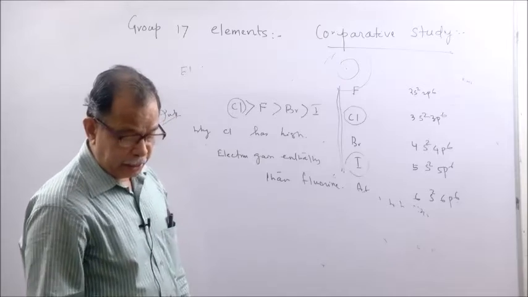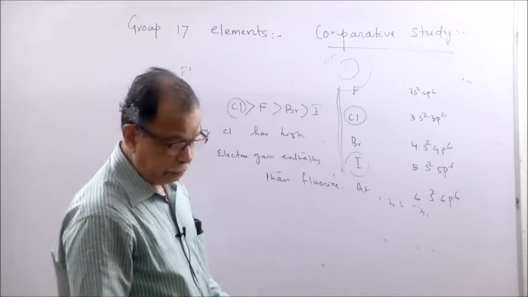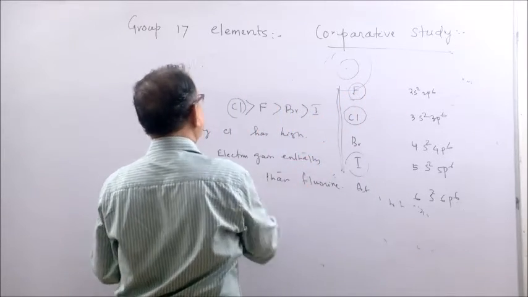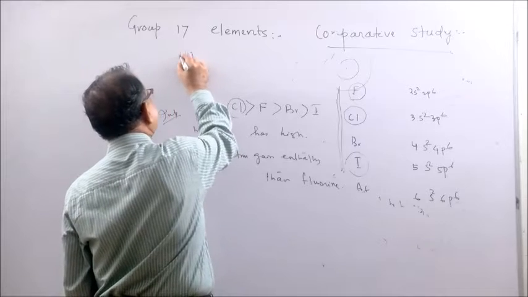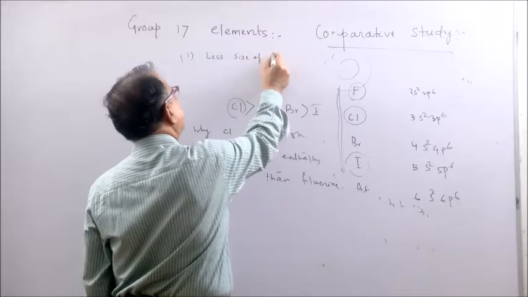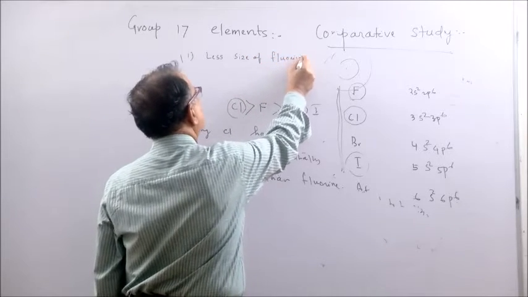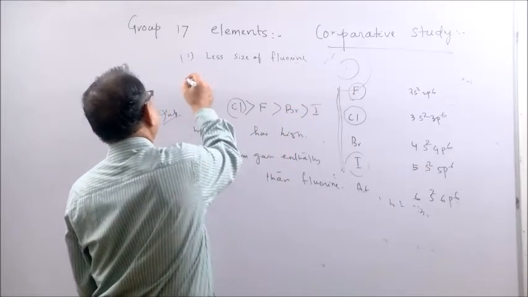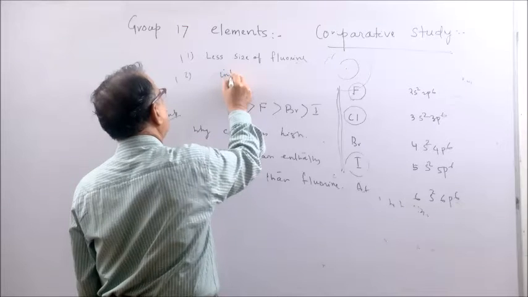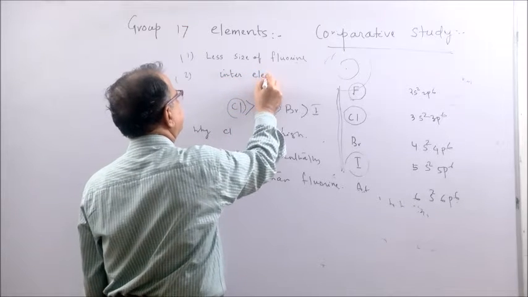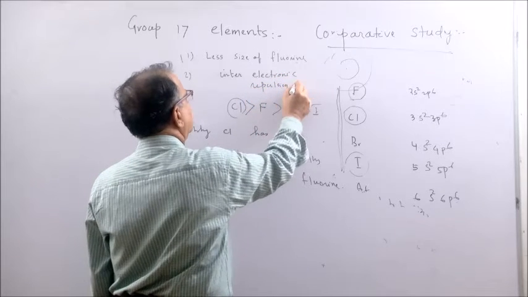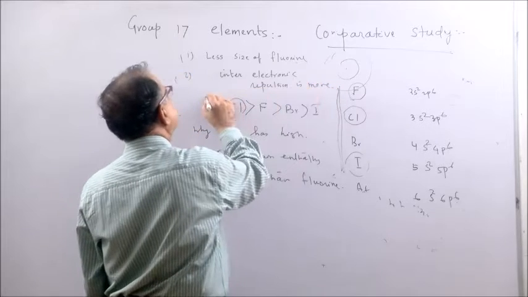In this case we can explain by factors. Number one, fluorine has less size. Due to the less size of fluorine, the inter-electronic repulsion is more in the case of fluorine.